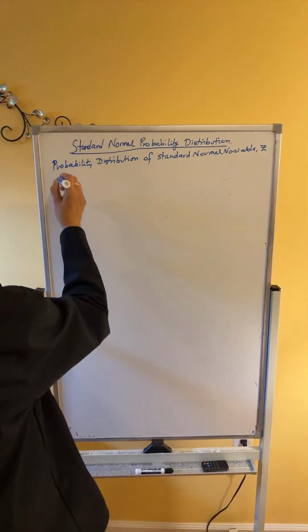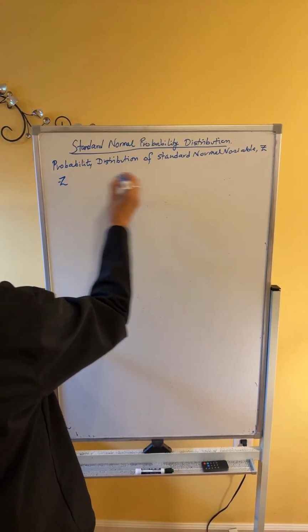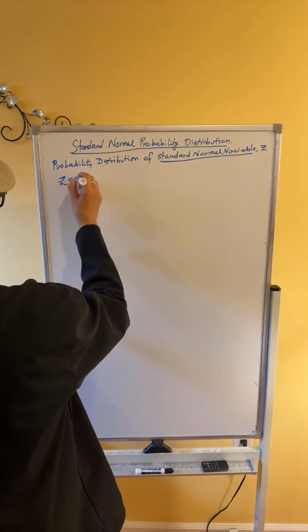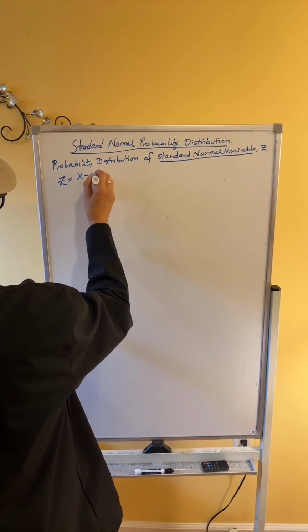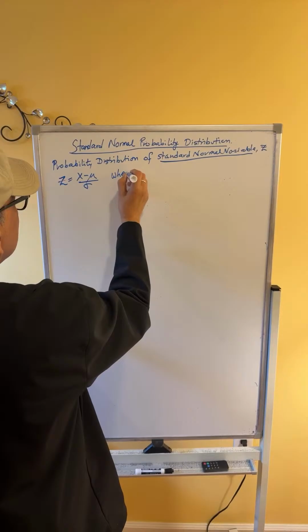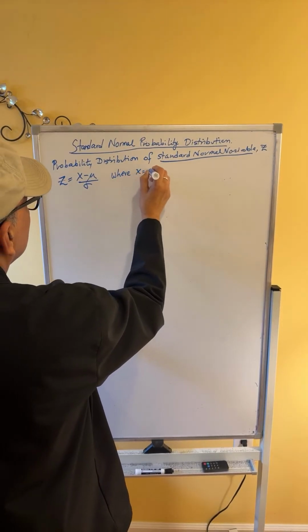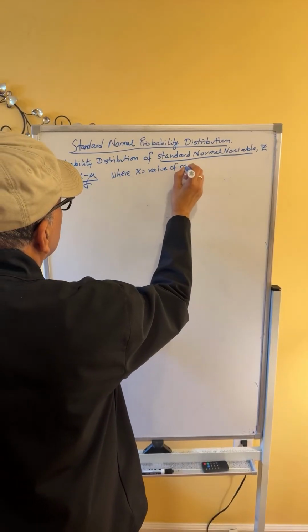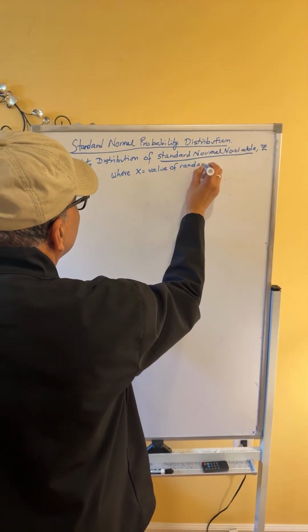How is z defined? Z, the standard normal variable, is given as x minus mu over sigma, where x is the value of the random variable, any value which we are studying.